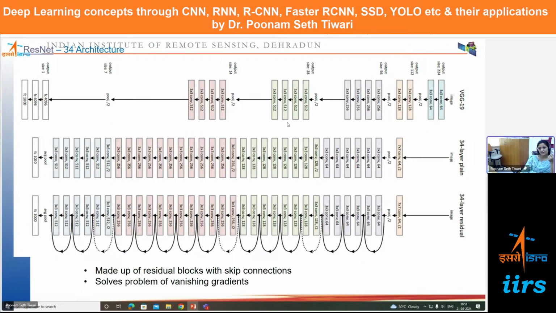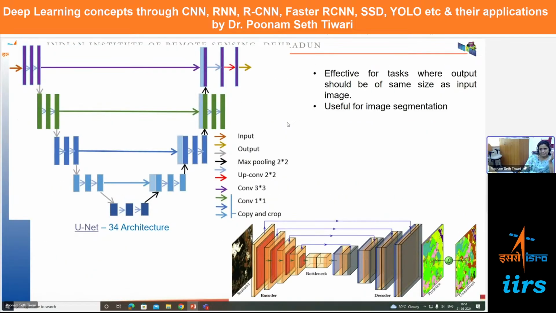This is VGG 19. Then this is the architecture of the segmentation algorithm UNet, which has an encoder and decoder. Such architectures are used where the output should be of the same size as the input image, that means where we are going to do the segmentation.